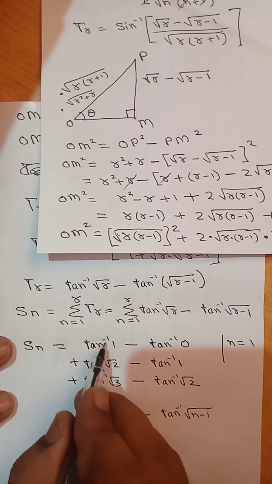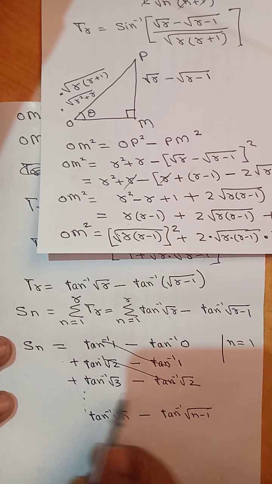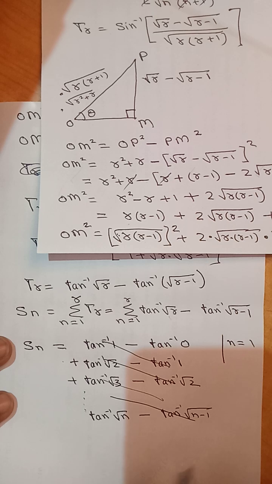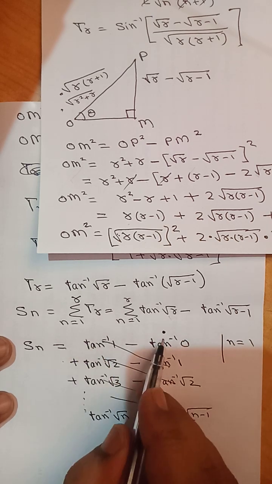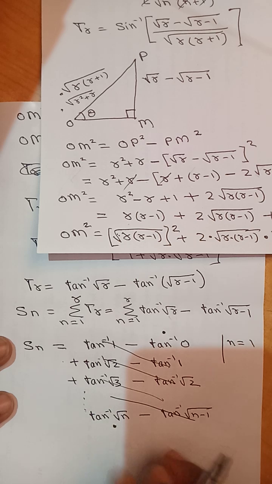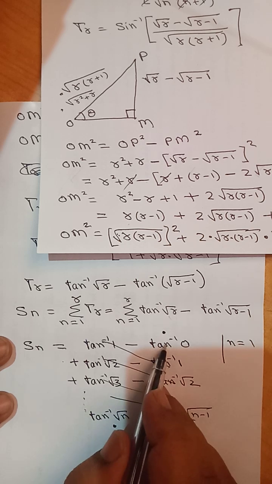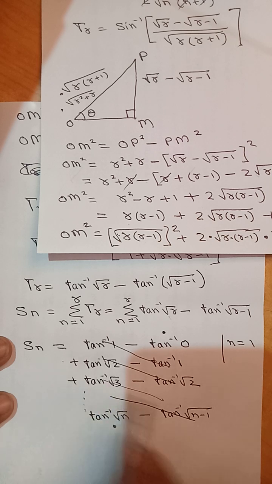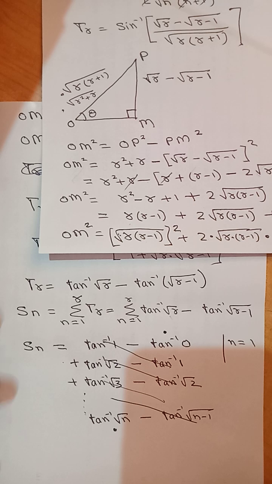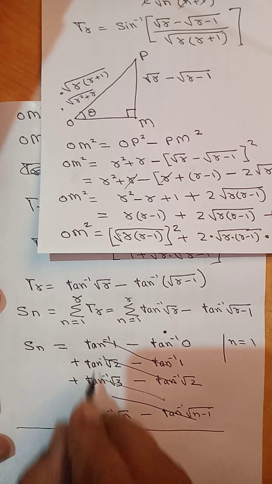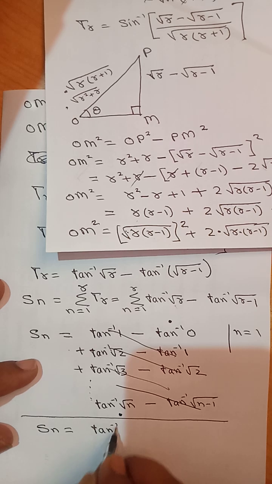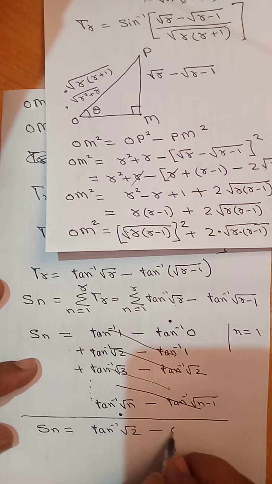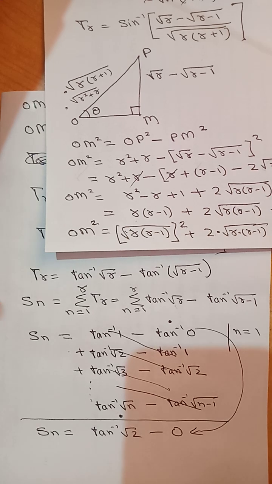See students, this will get cancelled, this will get cancelled. Likewise, the first term of the last expression and the second term of the first expression will remain, and the others will cancel. So S_n is equal to tan inverse of root n minus tan inverse of 0, and tan inverse of 0 is 0.